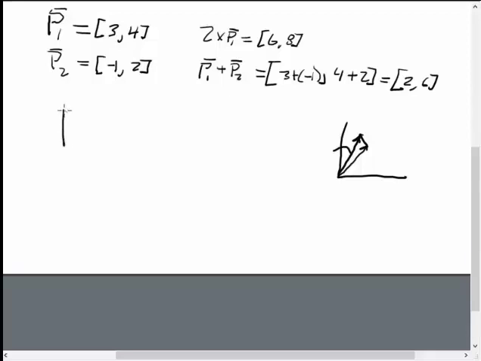So I'm going to have P1, and I'm going to dot that into P2. Well, what does that mean? What that's basically going to do is give me a scalar value. It's not going to be a vector, it's going to be a scalar. And what is that scalar value going to be?